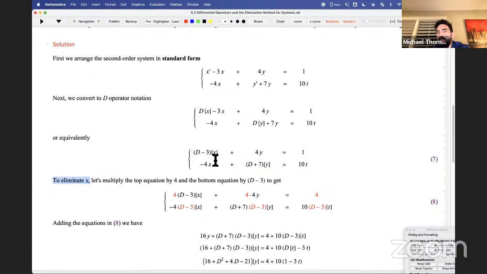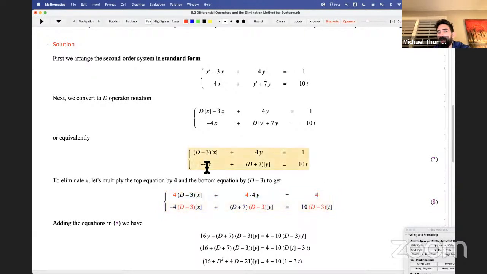If you want to eliminate X's here, the coefficients have to be opposites, and right now they're definitely not opposite. What I notice is that this coefficient is missing a -4, and this one is missing a D-3. So I'll take the entire first equation and multiply the whole equation by 4, because it's missing a 4.